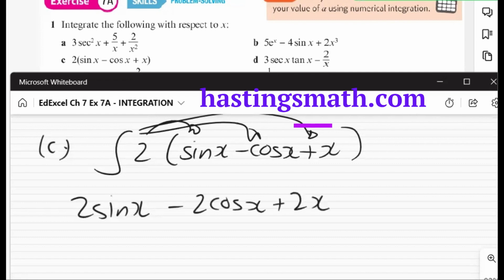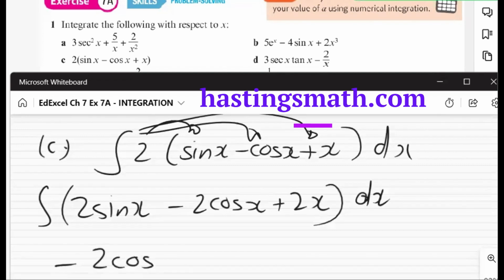And quickly, if we integrate this with respect to x, just to see what would happen, sine x goes to negative cos x, so it'll be negative 2 cos x. Negative cos x would go to negative sine x, the same sign, so negative 2 sine x.